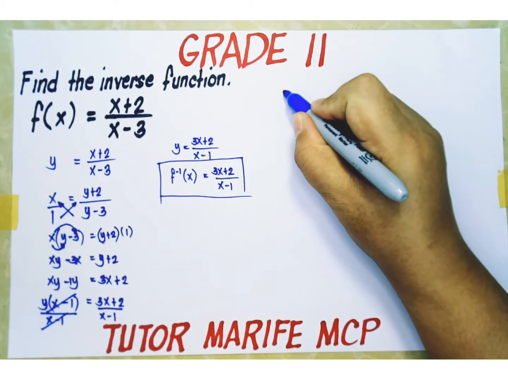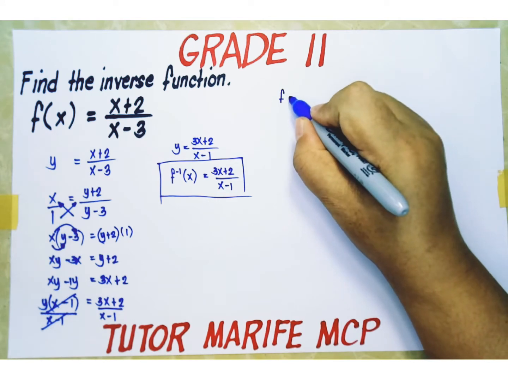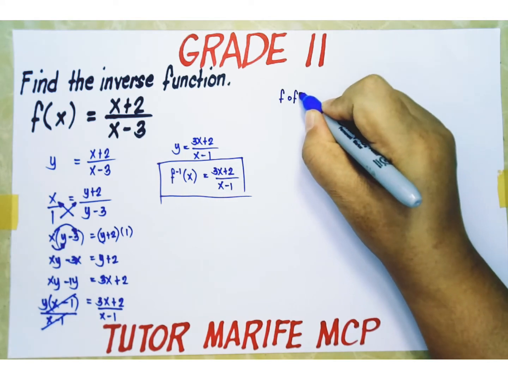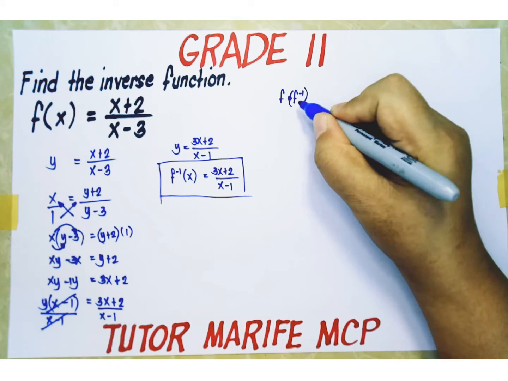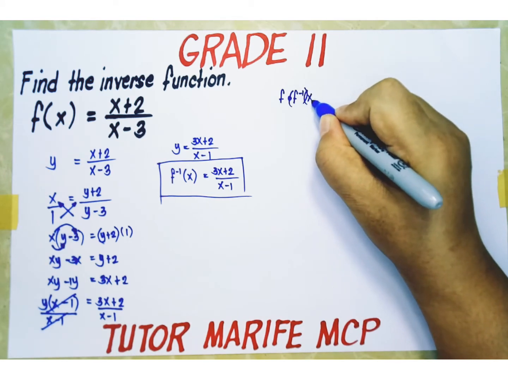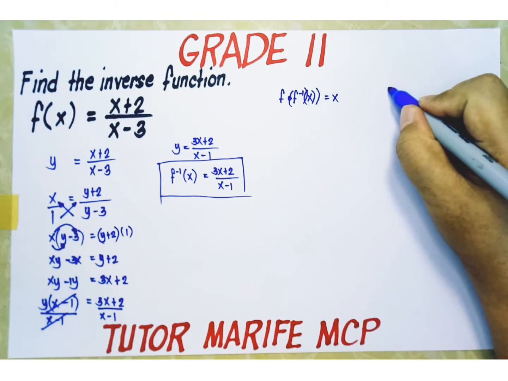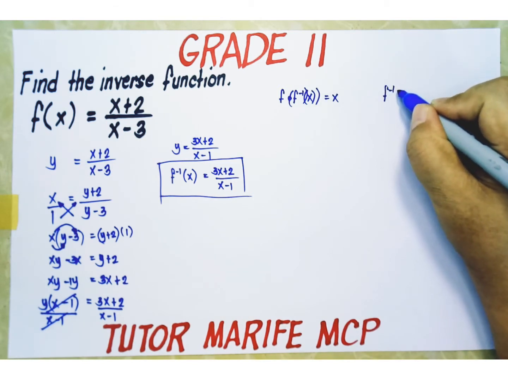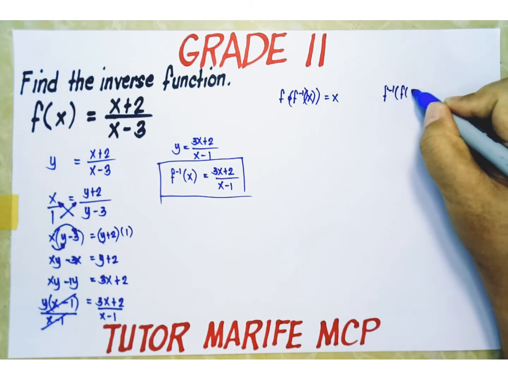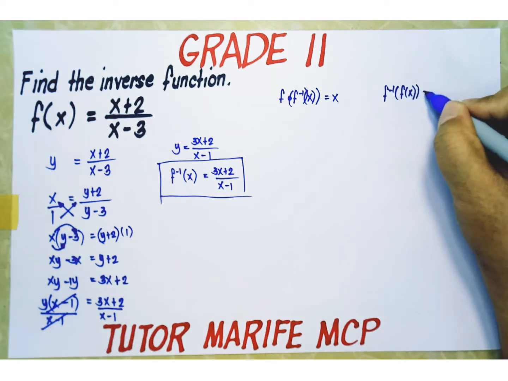We will show that f of f to negative 1 of x is equal to x, and f to negative 1 of f of x is also equal to x.